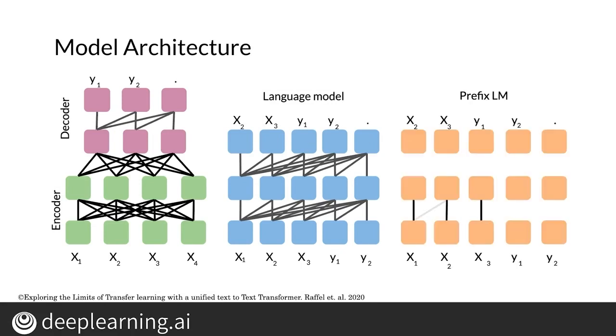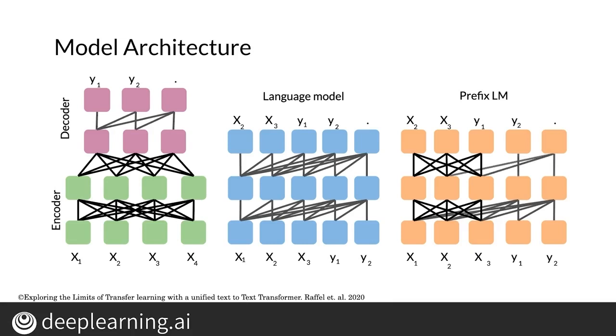Now, over here to the right, we have the prefix language model, which corresponds to allowing fully visible masking over the inputs, as you can see here in the dark arrows, and then causal masking in the rest. So as you can see over here, it's doing causal masking.